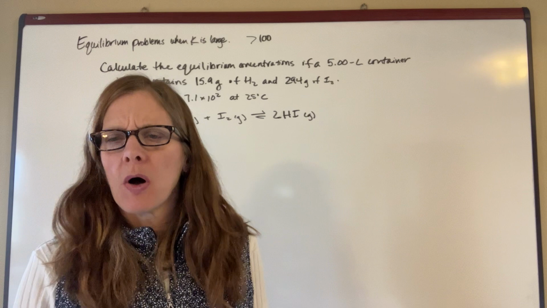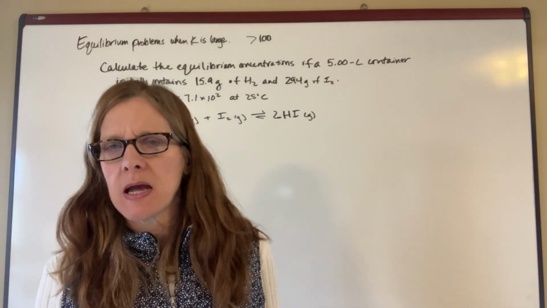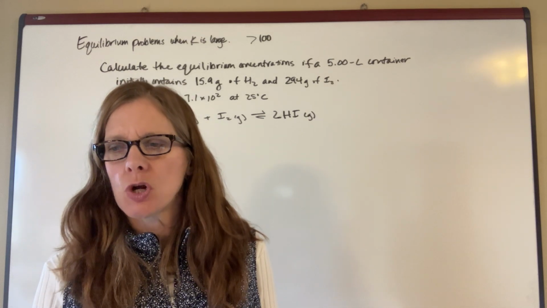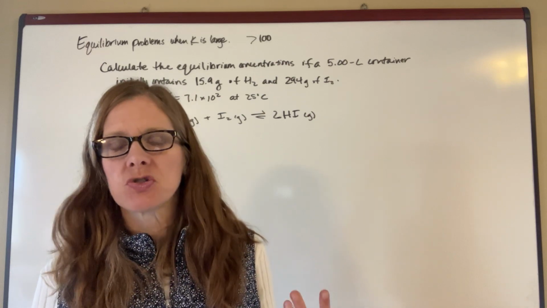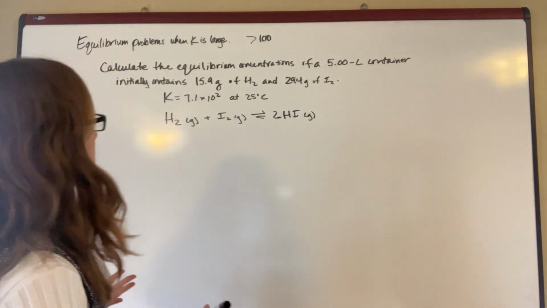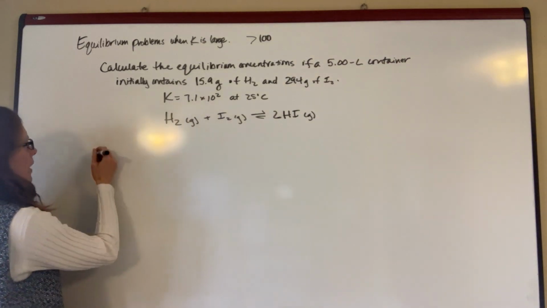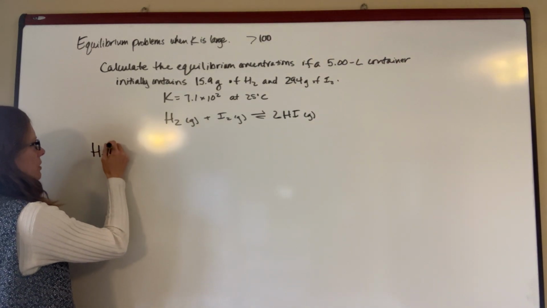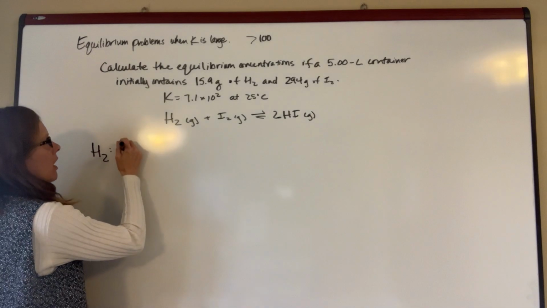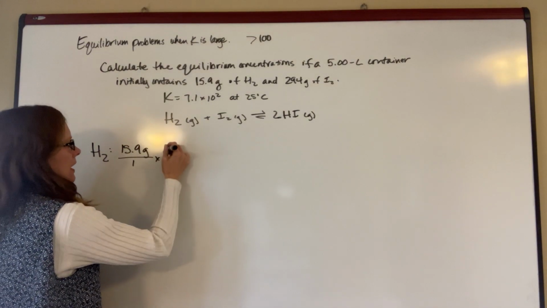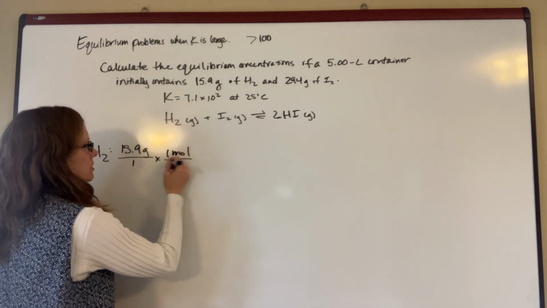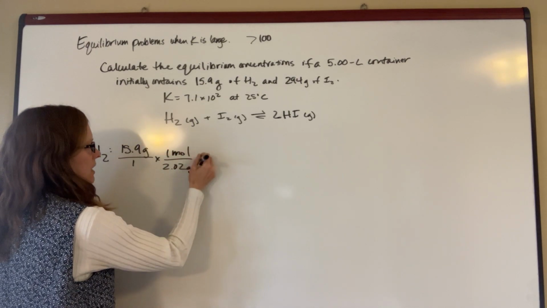All right. Well, for starters, if we're going to work any kind of equilibrium problem, we have to know concentration, and what I've been given is grams. So the first thing that I've got to do here is figure out what my concentrations of these are going to be. So for my hydrogen, I have 15.9 grams of hydrogen, and in 1 mole of hydrogen, there are 2.02 grams.